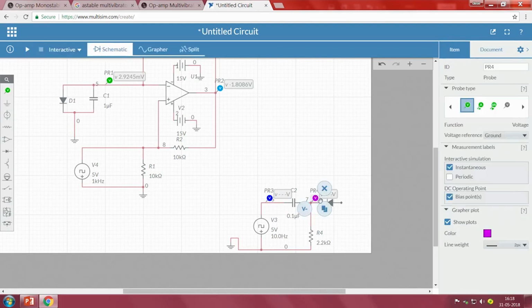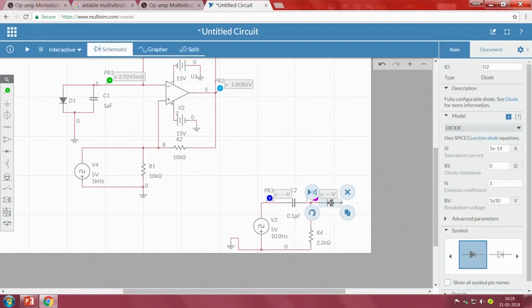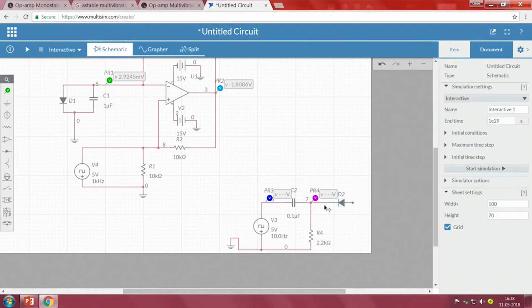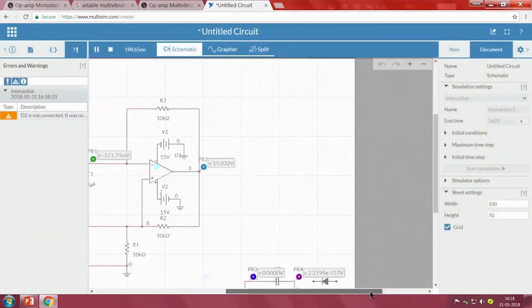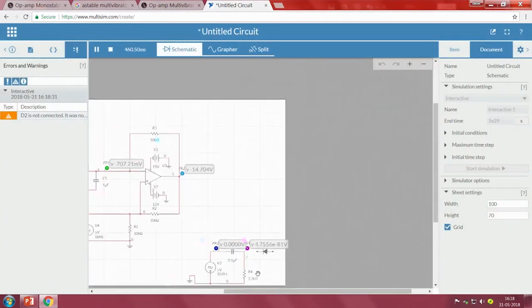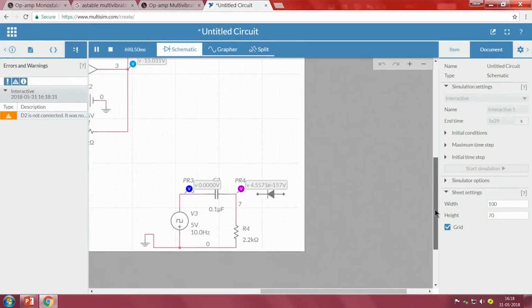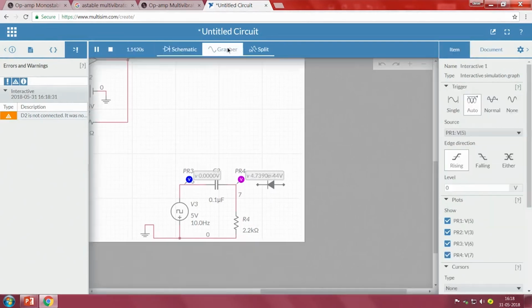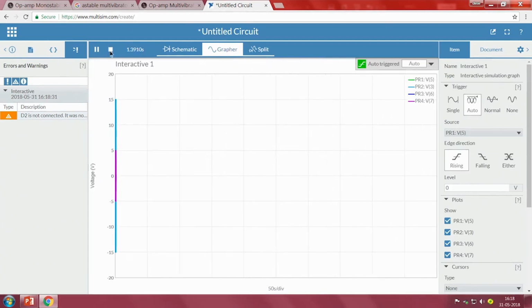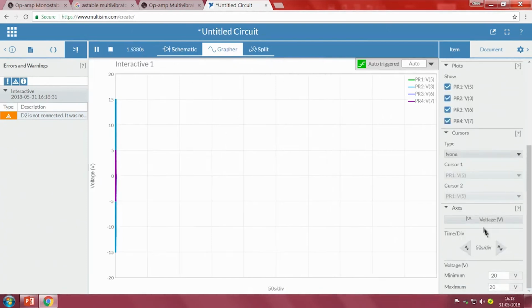I will remove this diode, just for our understanding of how it works. Now, let me run this and see the working of this portion. Why are we doing it? We require only a negative spike, and when the input becomes positive, I do not need to see any output; it should remain the same, with no influence.